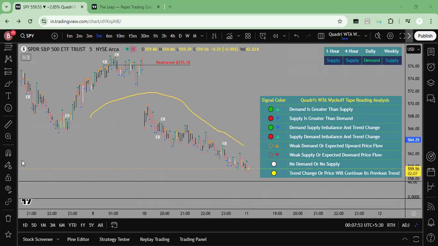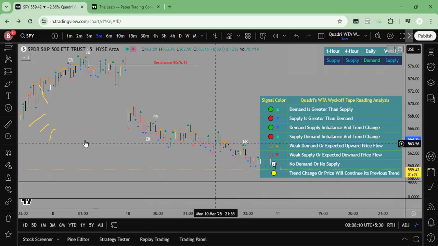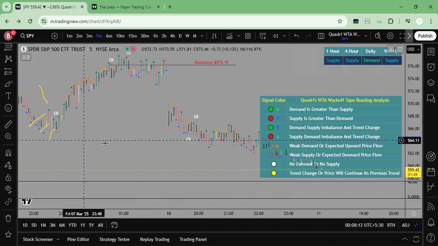So what has happened in this spike from this particular point? We were approaching downwards, there is supply greater than demand. We have a demand supply imbalance bar. Let me zoom in so that you are able to see this.